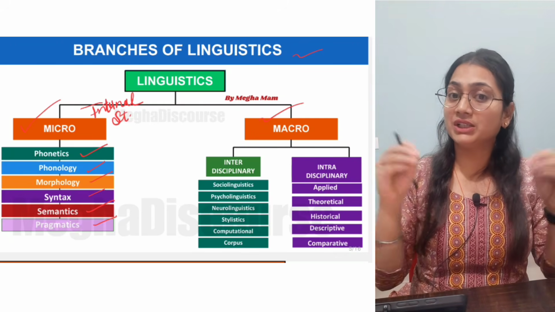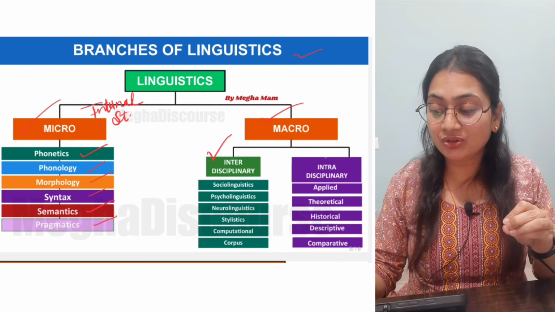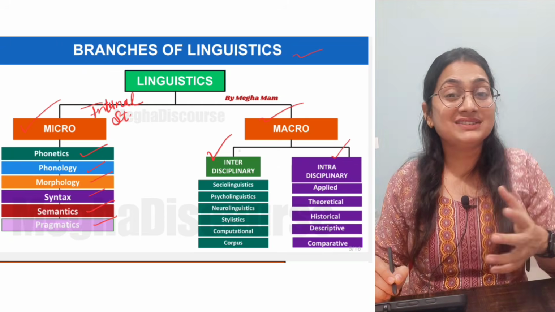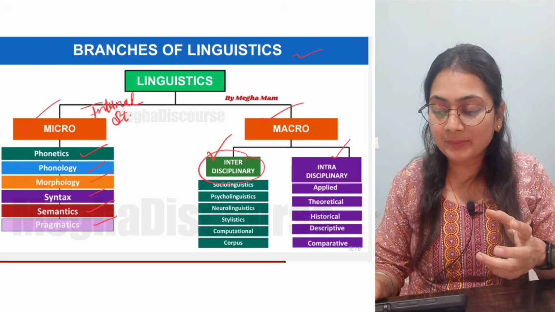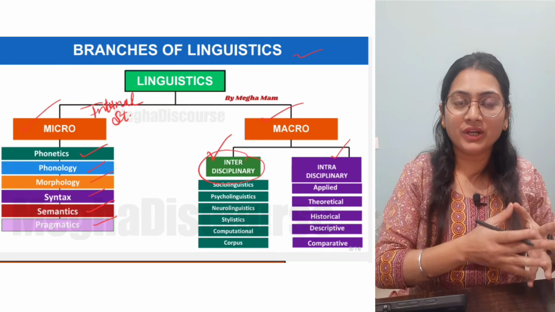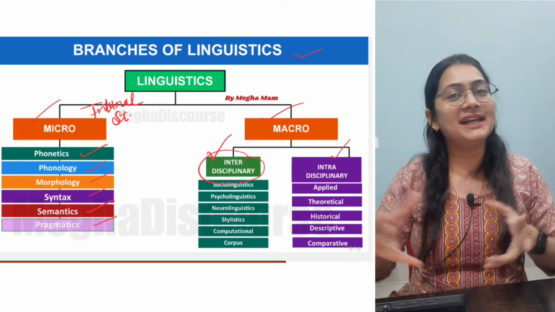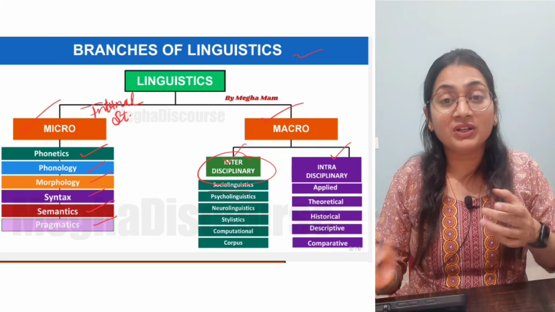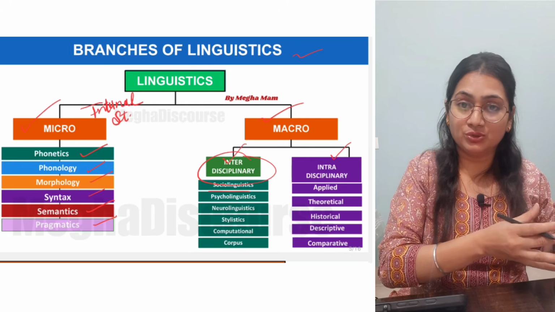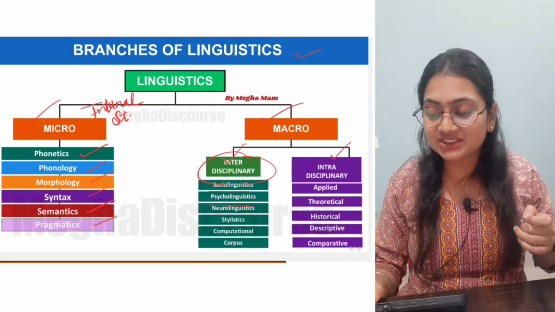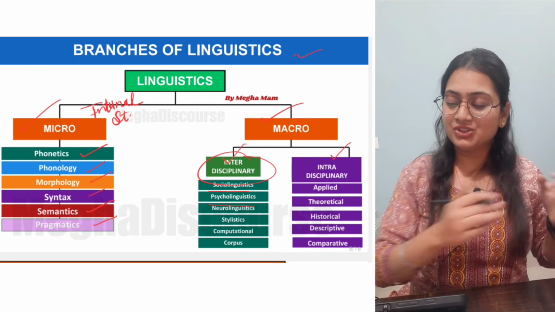Now, macro is further divided into interdisciplinary and intradisciplinary. Now, what is interdisciplinary? Interdisciplinary means language and the broad areas it is related to. Like sociolinguistics, linguistics related to sociology, society. Psycholinguistics, linguistics related to psychology.